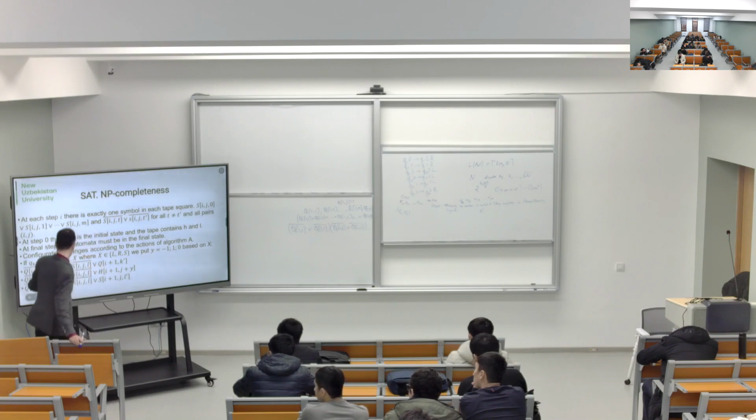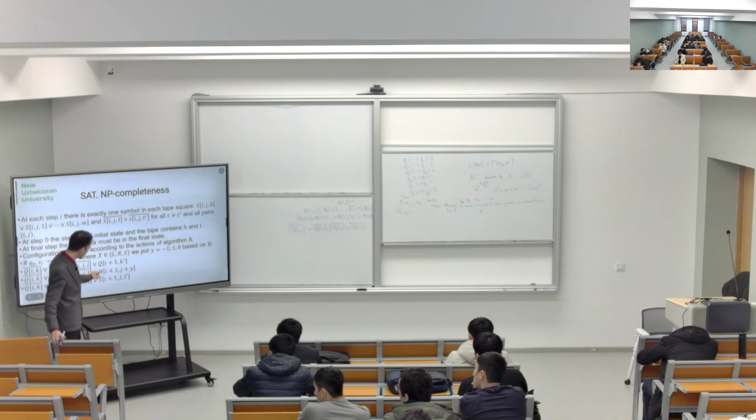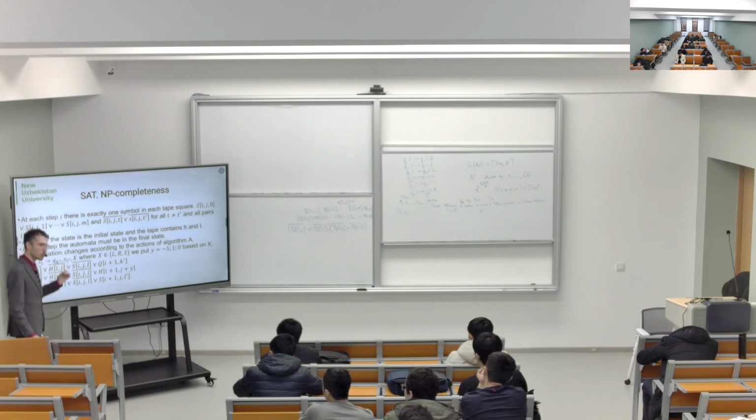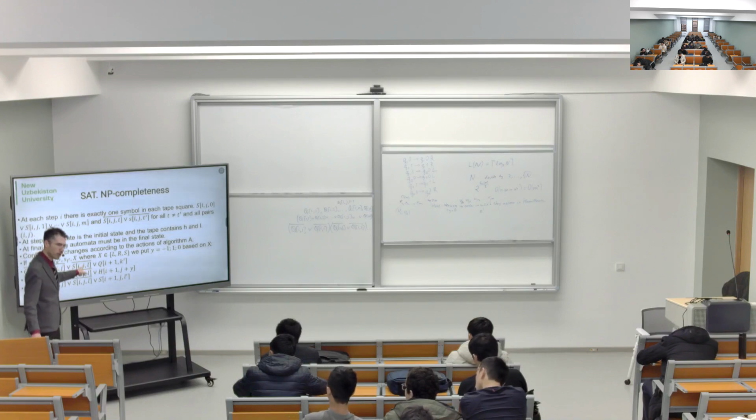Okay. Then we need to write another symbol, and we need to move the head accordingly to left, right, or stay in the same place. So these three formulas make sure that we change. So they are all equal to 1.